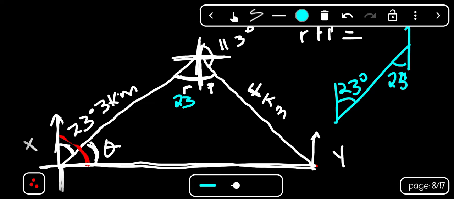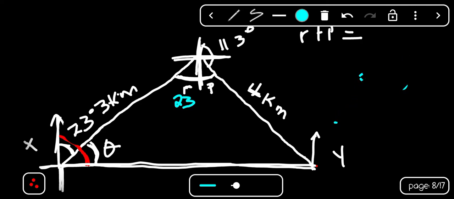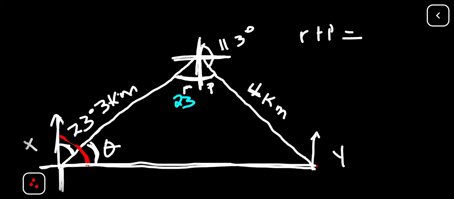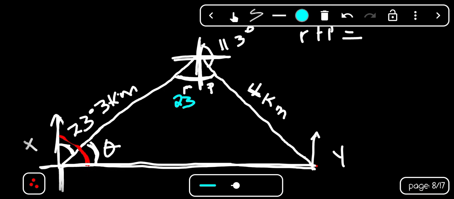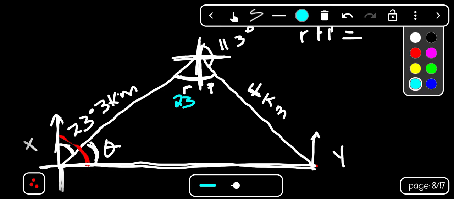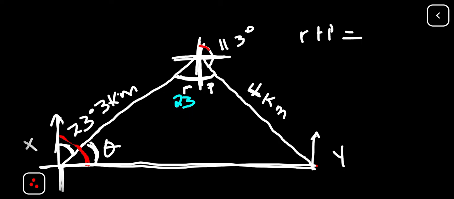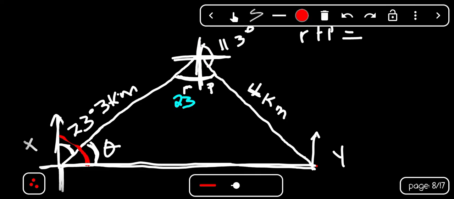How can we get P? Well, if you notice also, we have 113 degrees, the bearing that gives us the direction to y. From this point to this point is 180 degrees, but we have just 113 degrees at that point. So the point that completes 180 degrees is P. So P plus 113 will give you 180 degrees.